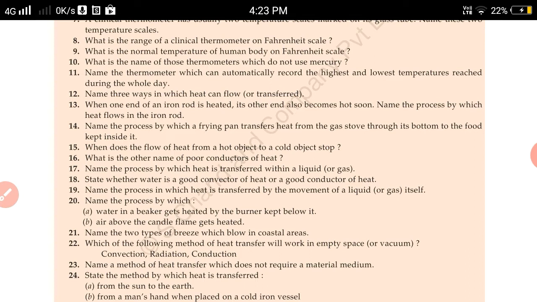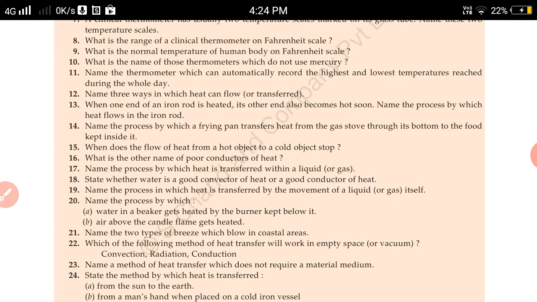Question number 18. State whether water is a good conductor of heat or a good convector of heat. As we know, it is a convector of heat as it is a liquid. Name the process in which heat is transferred by the movement of a liquid or gas by itself.